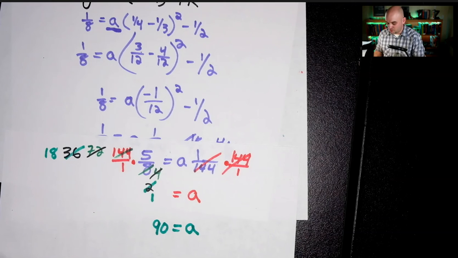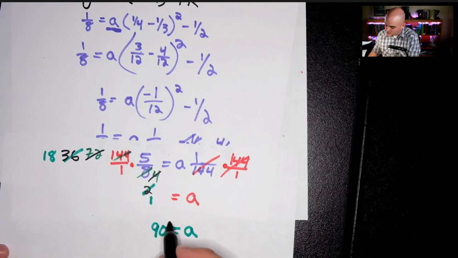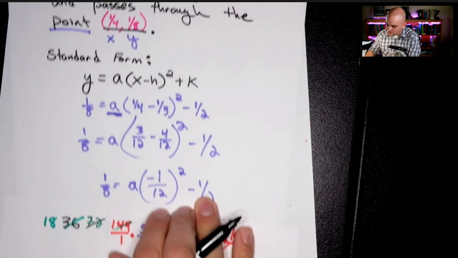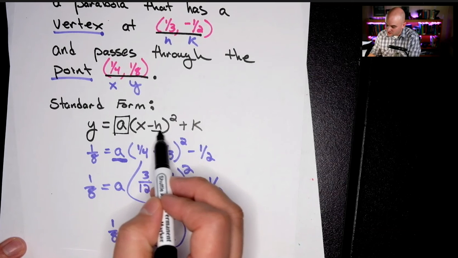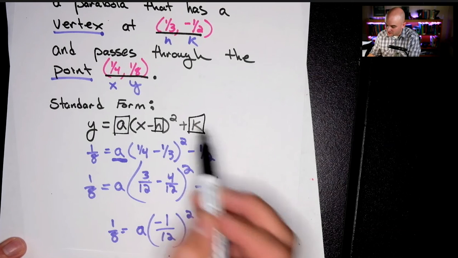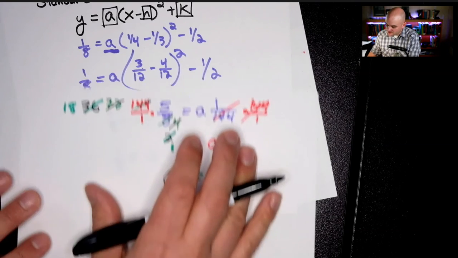All right. Now, you do so much work, you feel like that must be the answer, but remember, it's not. It's wanting to know what is the equation of the parabola in standard form. So I need to go and substitute that back in for a in my original equation up here, and then make sure I have h and k filled out as well. So that's what we need to do.